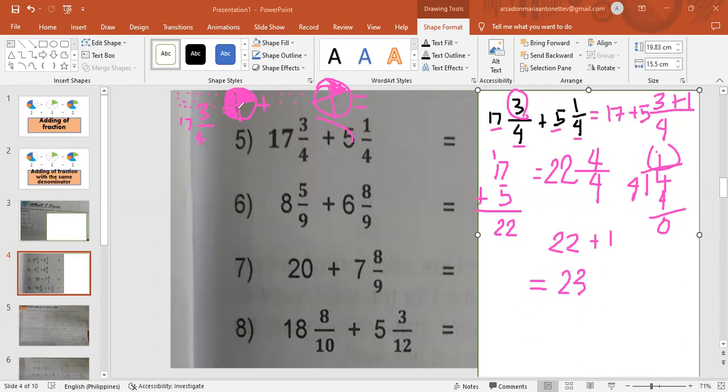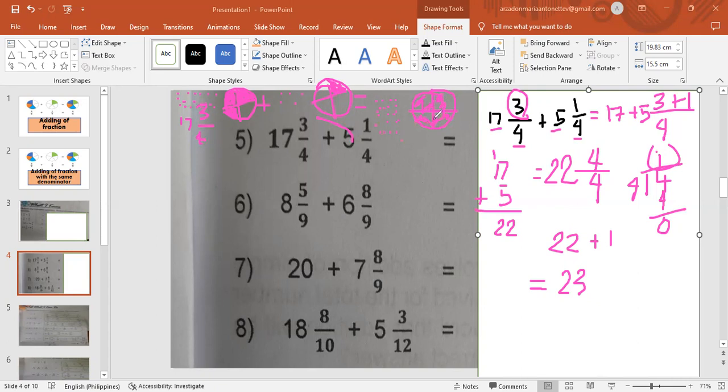So, that is our final answer. Now, let's check. So, when you add 17 plus 5, that will become 22, right? 1, 2, 3, and so on up to 22. But there is 4 over 4. So in one circle down, there are 4 parts and 4 are shaded.